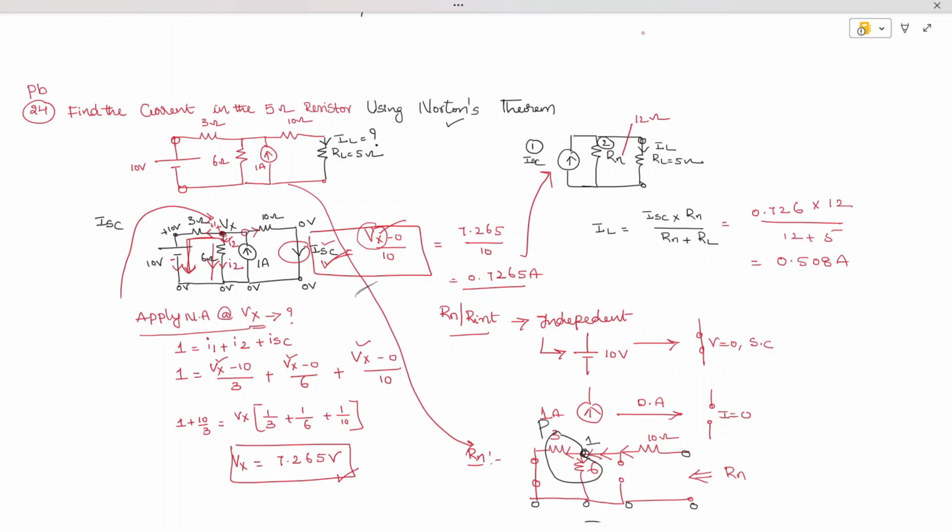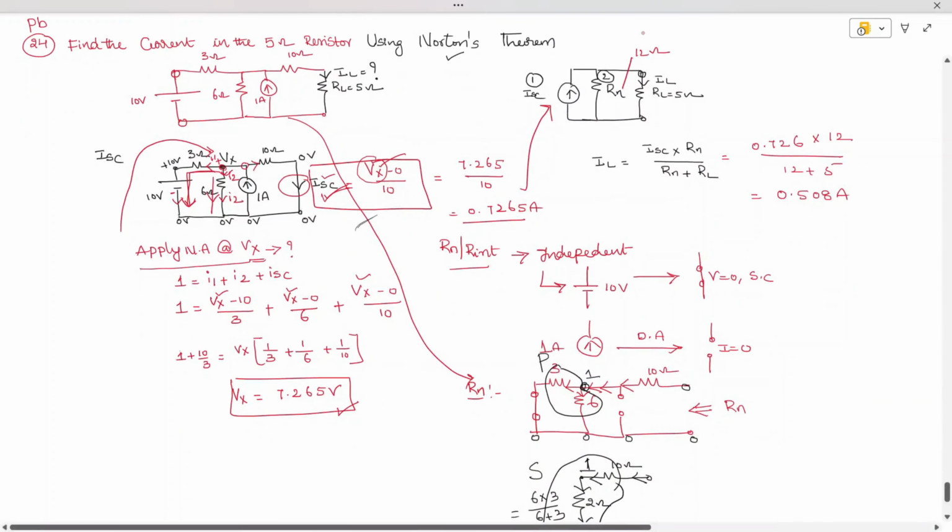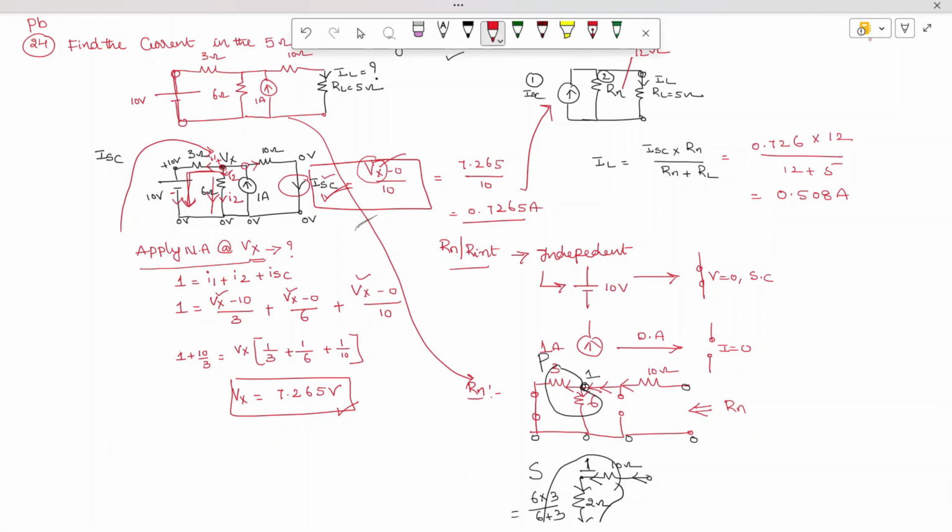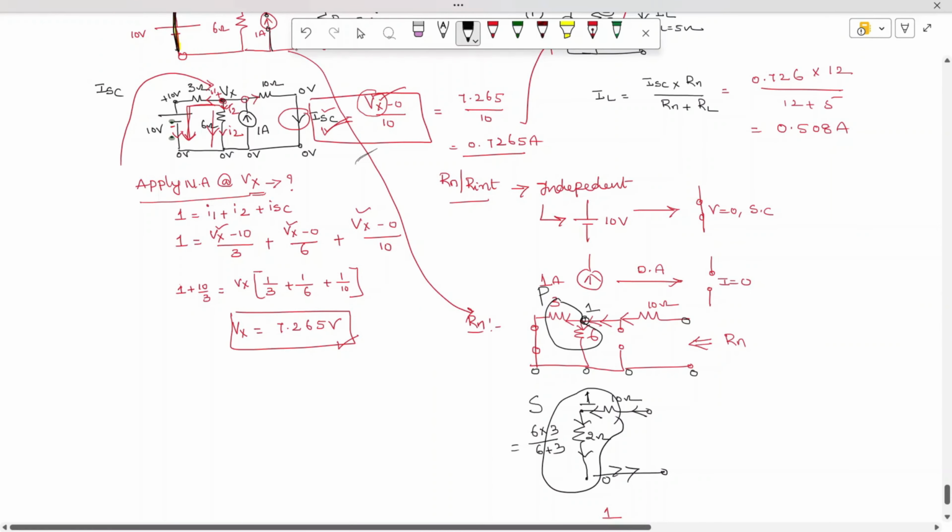And the next part of what I had done is, in order to find out R internal, this voltage source I have deactivated. So this complete branch will act like a short circuit, and this complete branch will act like an open circuit. So this is what I drew, and I identified this current is entering, current is dividing, these two are connected in parallel.